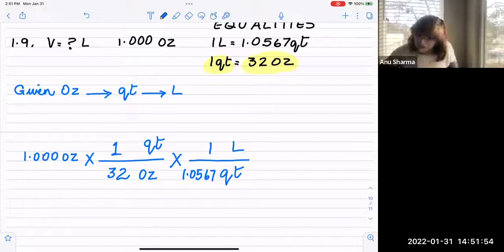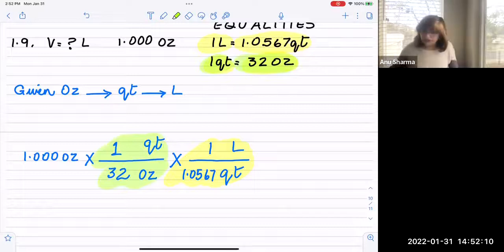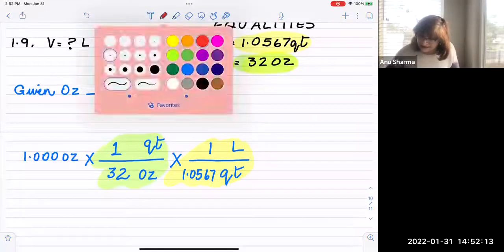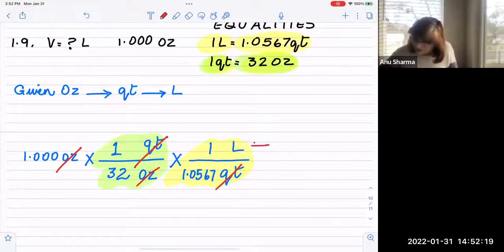So these are the 2 conversion factors. In this case, we see ounces and ounces cancel out, quarts and quarts cancel out. So we are only left with the unit of liters, which is the one that we want.